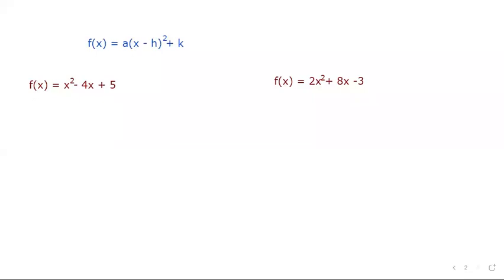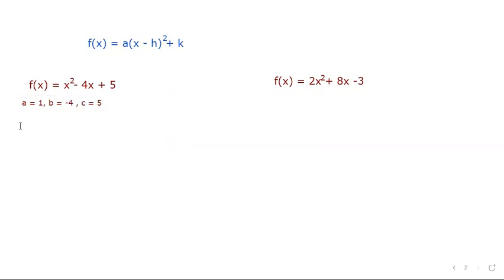The first thing we do, I like to go through and label everything. In this case, a would be 1, that's the coefficient of x squared. b would be equal to -4. And then c would be equal to 5.